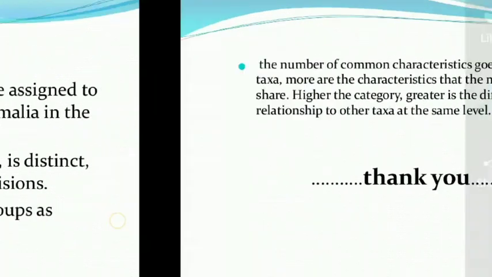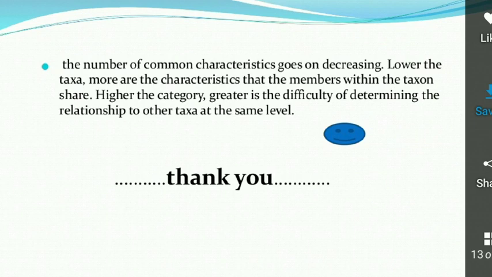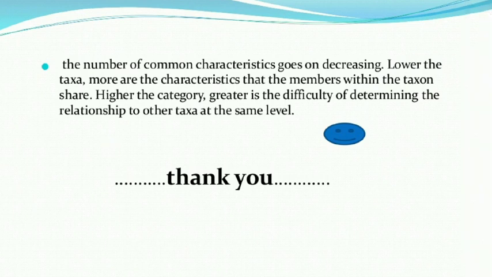Okay, so the number of common characteristics goes on decreasing. The lower the taxa, the more characteristics the members within the taxon share. The higher the category, the greater the difficulty in determining relationship to other taxa at the same level. Simply, when we go from the bottom towards the kingdom, the number of similar characteristics decreases.